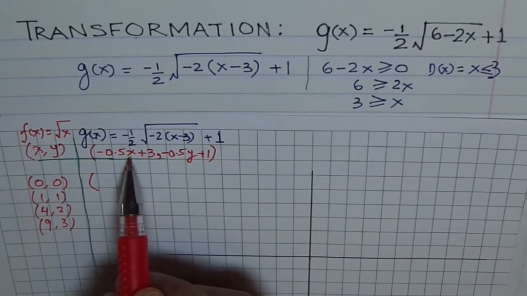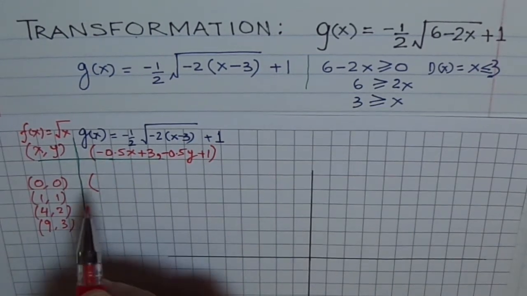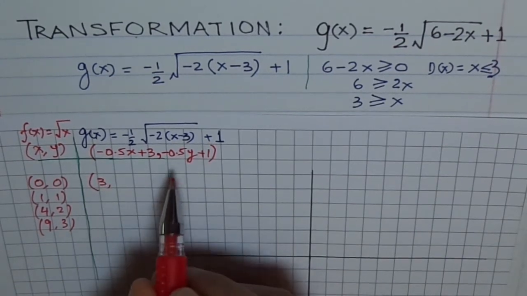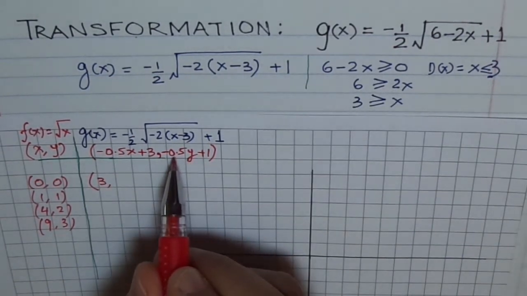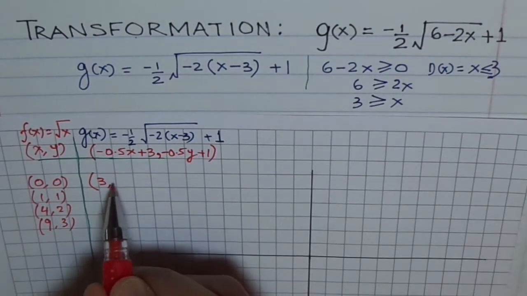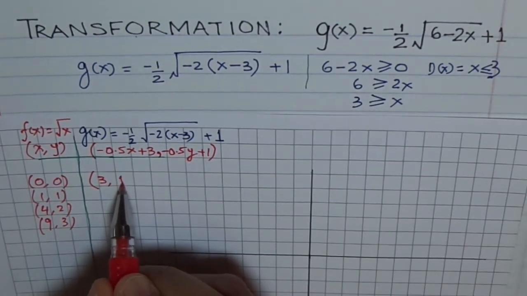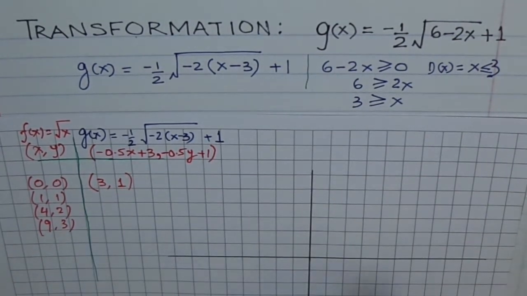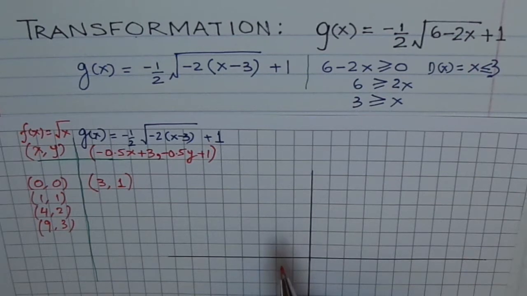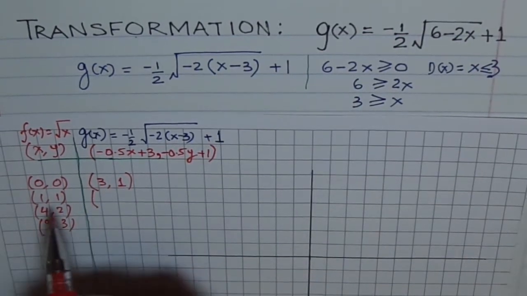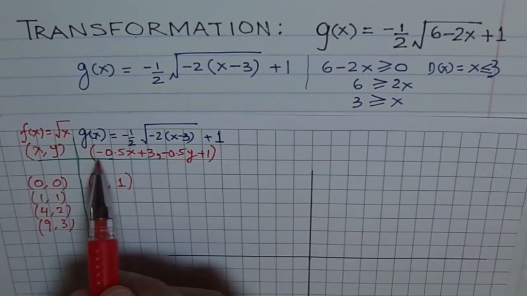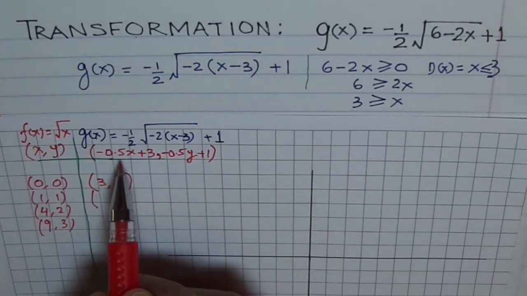Let's put 0 for x and then calculate. 0 times anything is 0, plus 3 will leave us with 3. For y, 0 times the factor is 0, and we get 1. So this origin, the vertex of our square root function, which was in this case the absolute minimum, got transformed to this value. Correct?